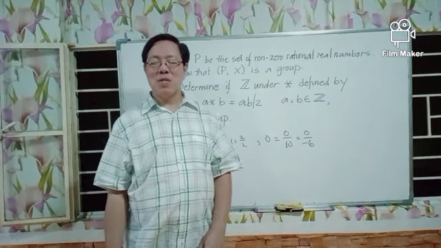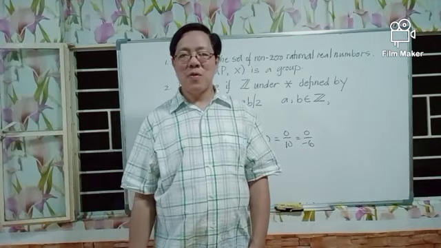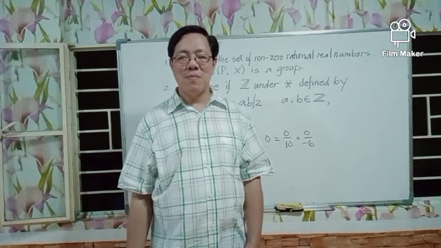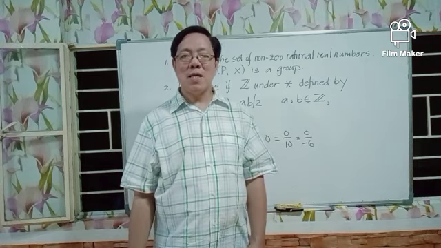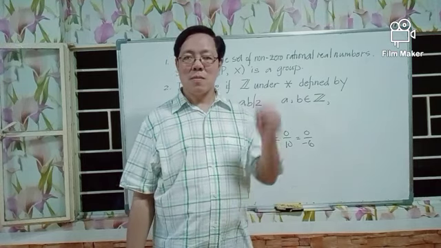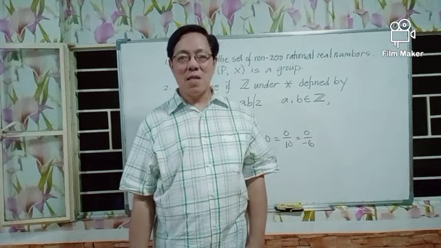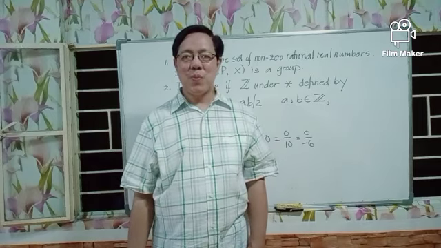And that concludes our discussion for today, and we will have some more examples of groups in the next lesson. In addition to that, we will take up the abelian group, or commutative group.